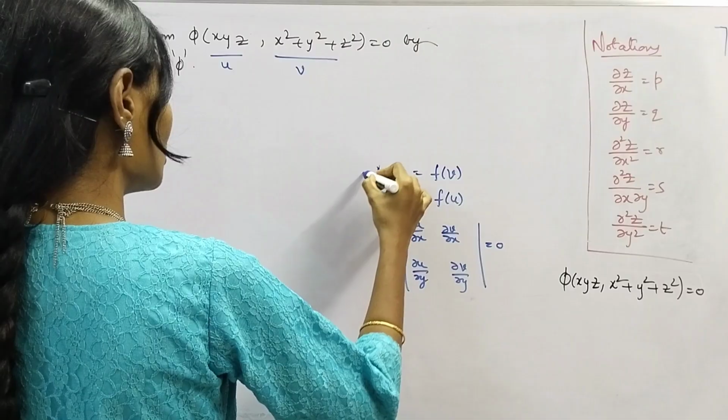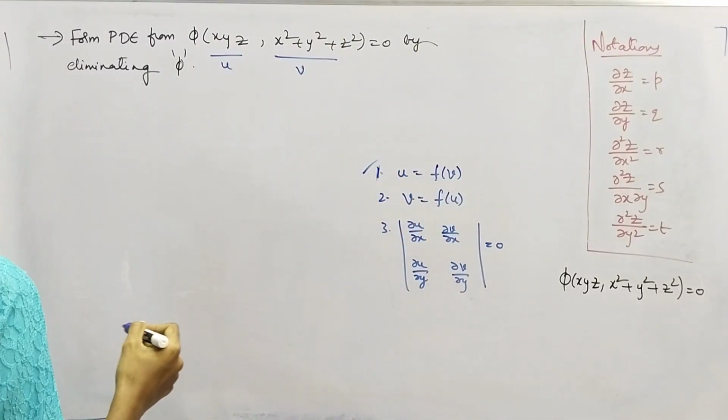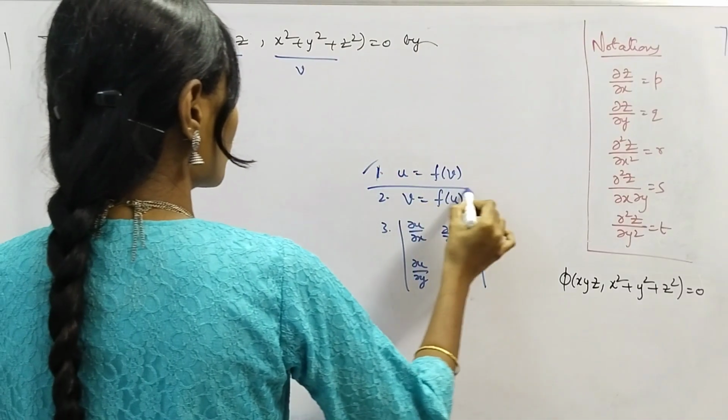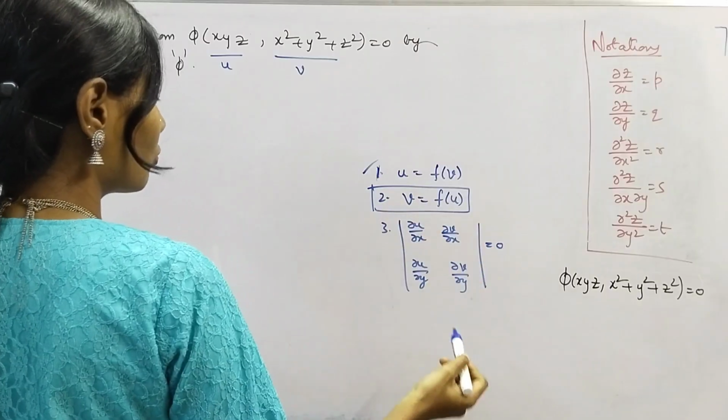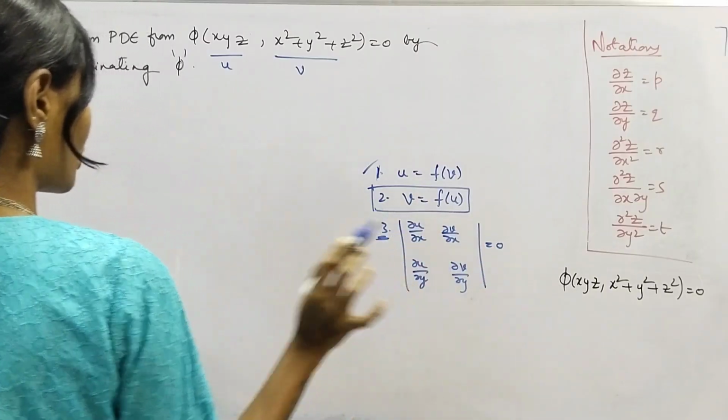So in this video we are going to see using u equal to f of v, and also I'll show you the answer using v equal to f of u, and we'll see this in the next video.